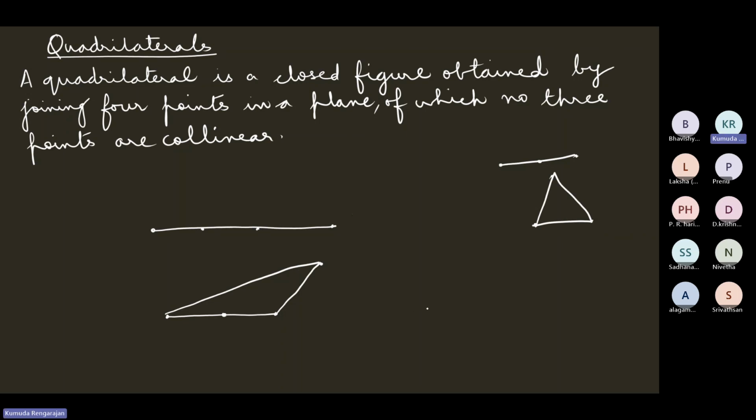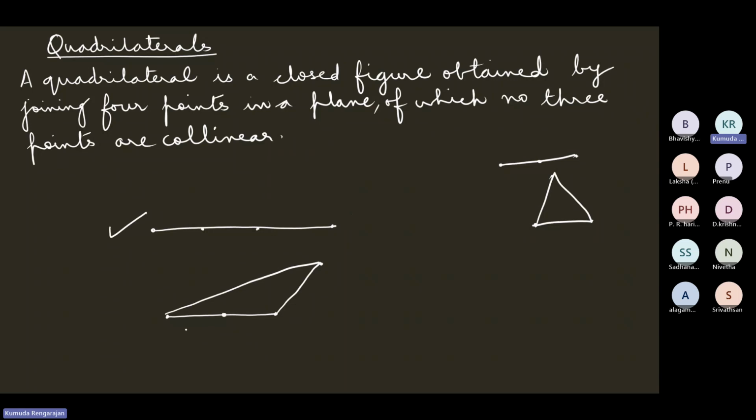In the same way, to obtain a quadrilateral, we need to consider 4 points in a plane. If all the 4 points are collinear, no quadrilateral is formed. If 3 of the 4 points are collinear, no quadrilateral is formed.